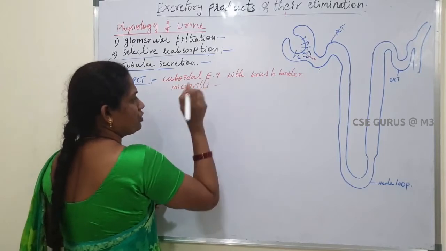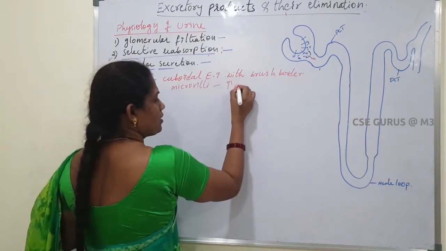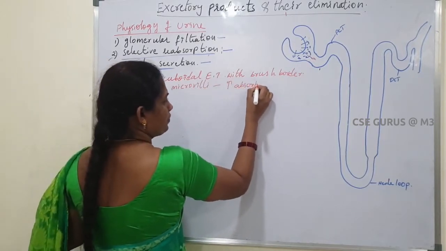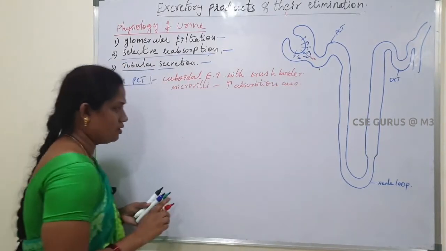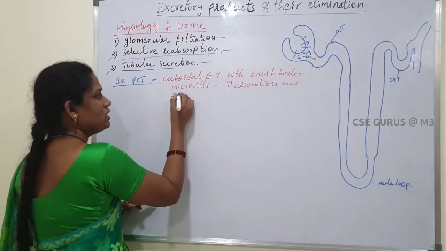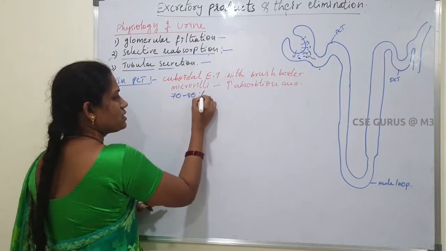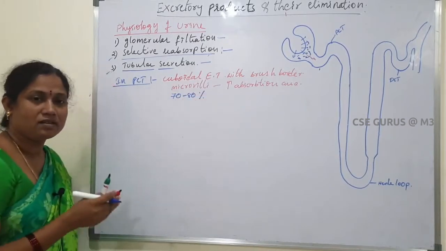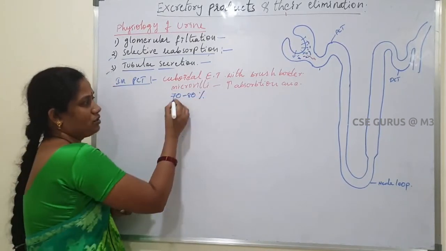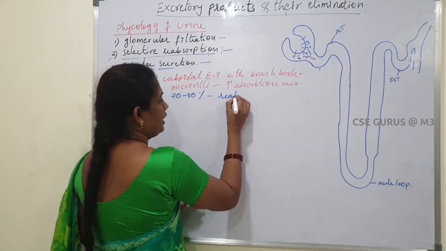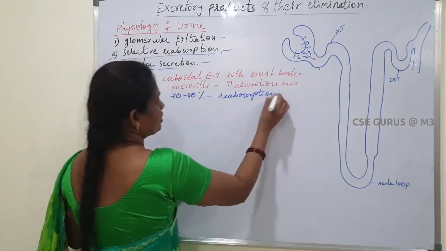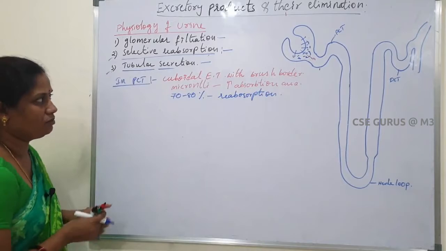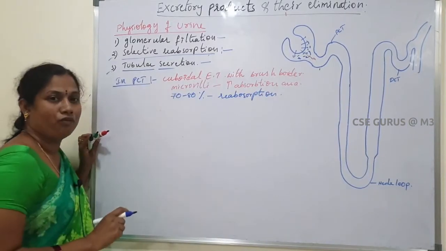These microvilli increase the absorption area. That's why nearly 70 to 80% of substances are reabsorbed into the tissues.